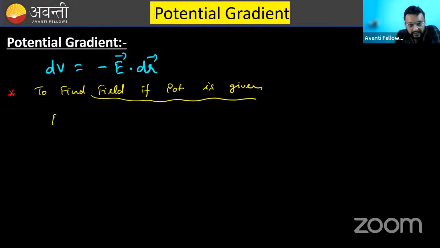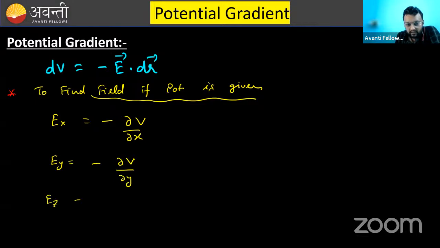How is it? Field has three components, x, y, and z. Field in the x direction will be negative of partial differentiation of V with respect to x. Field in the y direction will be negative of partial differentiation of V with respect to y, and Ez will be negative of partial differentiation of V with respect to z.